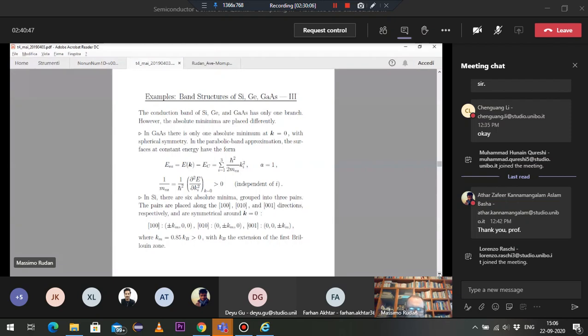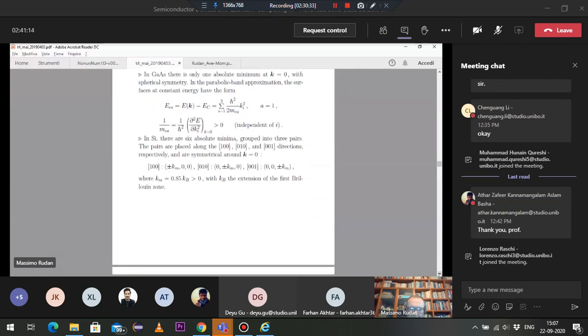Okay, so the minima are relatively near the X point, but they are inside the Brillouin zone. For the direction 0, 1, 0, it is the same, but Km is in the second coordinate. And for the 0, 0, 1 direction, it is in the third coordinate.